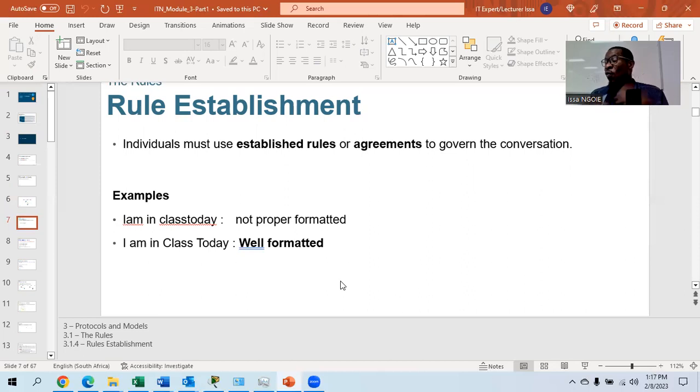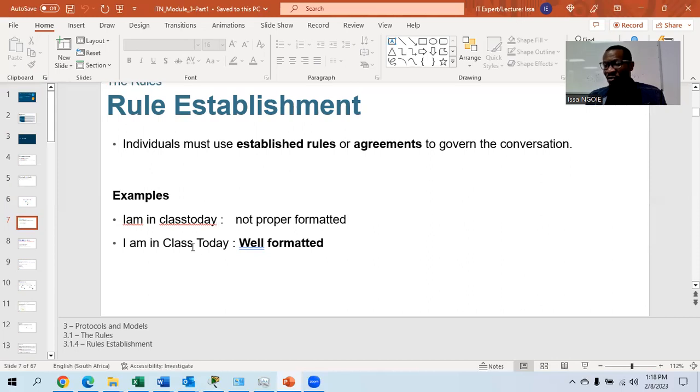It means this: when two computers or thousands of computers are connected, it means that they already established some rules, right? And those rules are just protocols or software that knows how to connect them, right? So when you see computers are connected, it means they are following some established rules, right? You can see those two examples. This first sentence is wrong, it's not well formatted. If I send you this message, you cannot understand what it means, right?